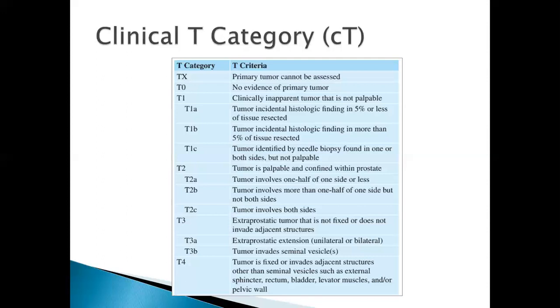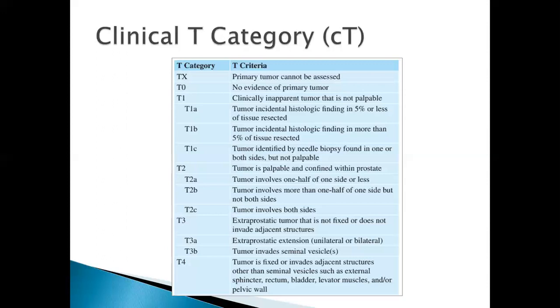Then the T1C is tumor was identified by needle biopsy found in one or both sides, but not palpable, okay? Now, remember when I said that you don't use the biopsy information to assign the clinical T?